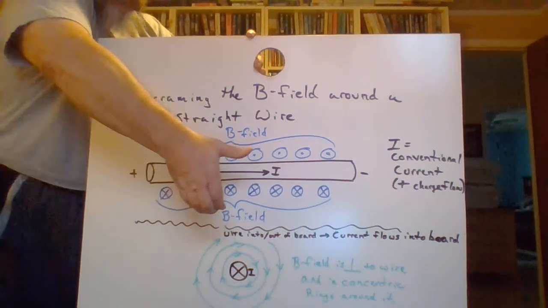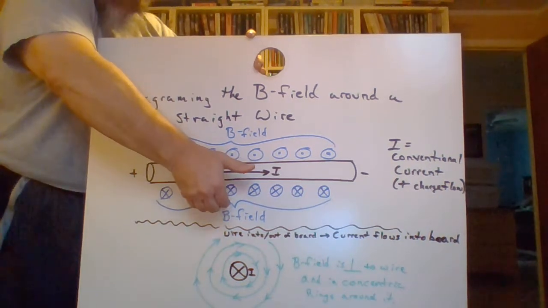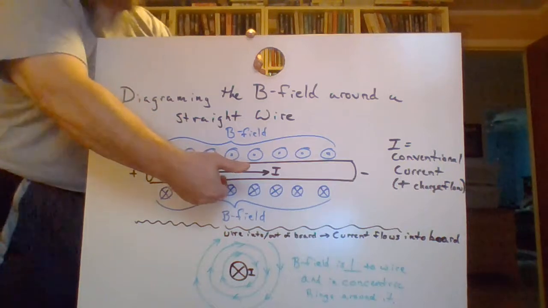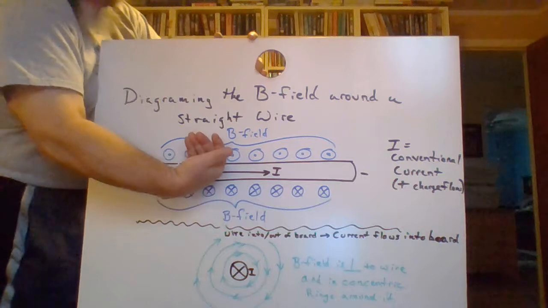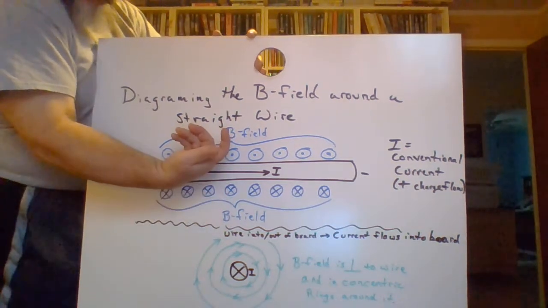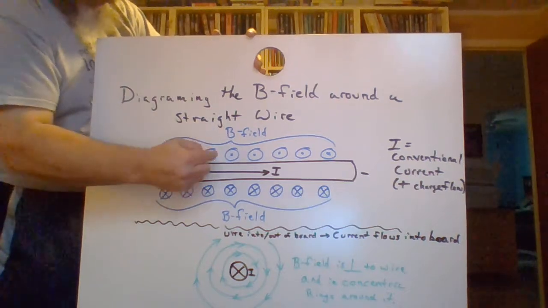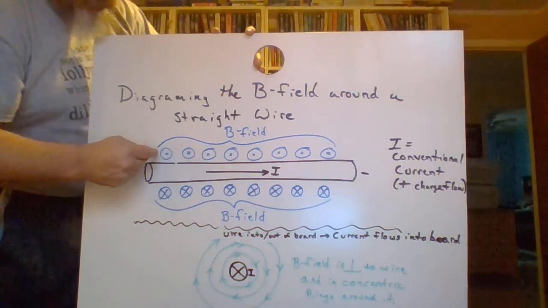Notice that if I do this right, I curl my hand around the bottom of the wire, wrap it around, imagine it going around behind my diagram here. Notice that my fingers come out at the top. So my fingers are coming out of the board on top. That's why we've got the dotted circles up here.